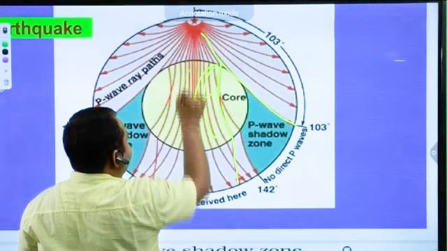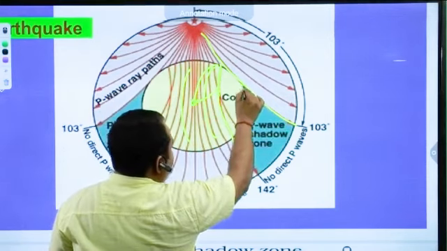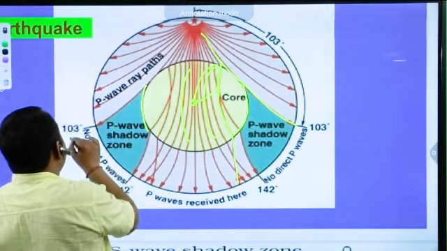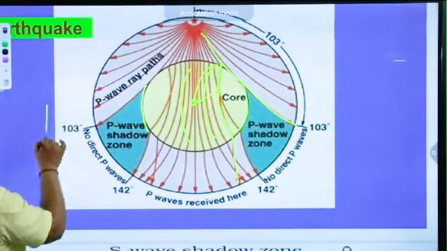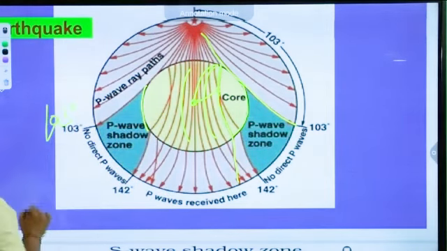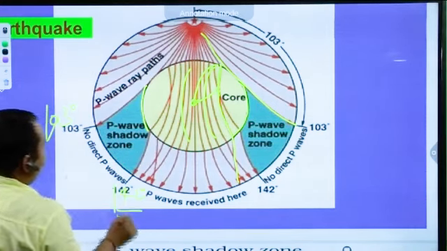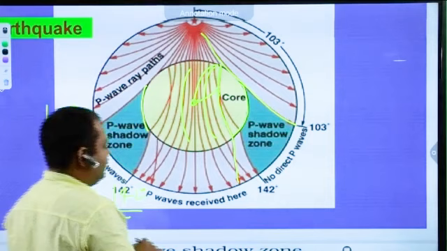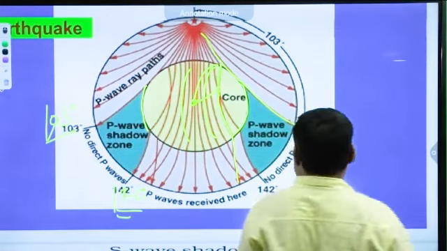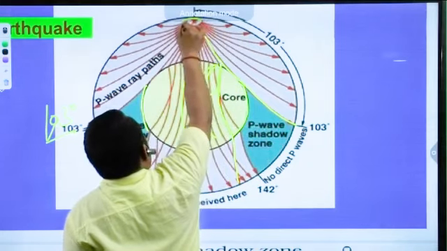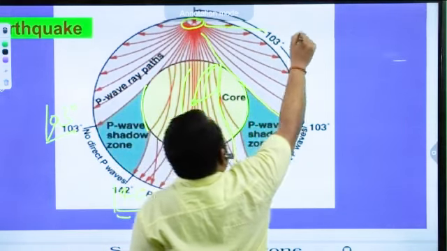In such circumstances, we find a shadow or absence of the P waves between 103 degree of angle to 142 degree of angle, right? 103 to 142 degree of angle along both the sides of this particular focus of earthquake.